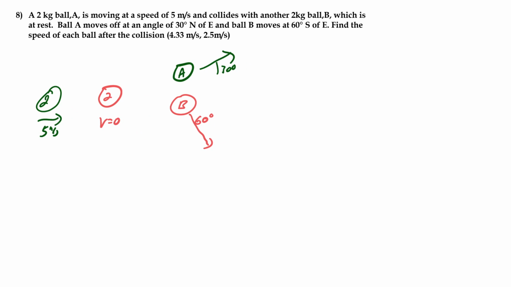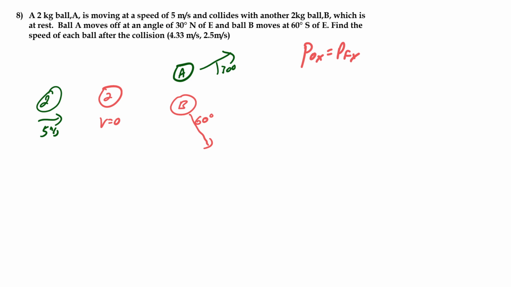Alright, so we're going to do conservation of momentum once again, and since we have two dimensions, we're going to do two dimensions again. So for example, we're going to have P initial in the x equals P final in the x.